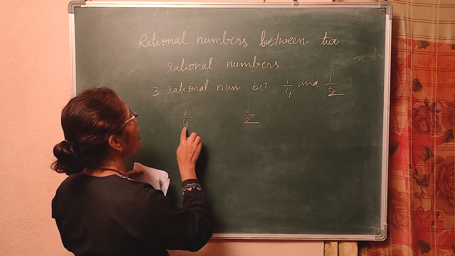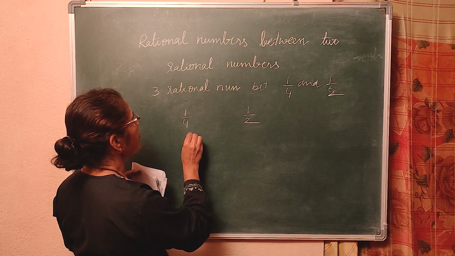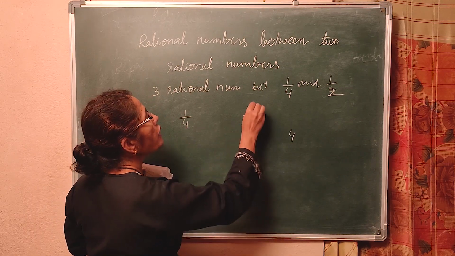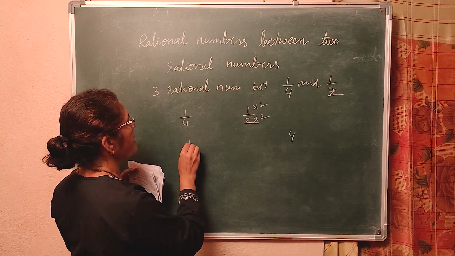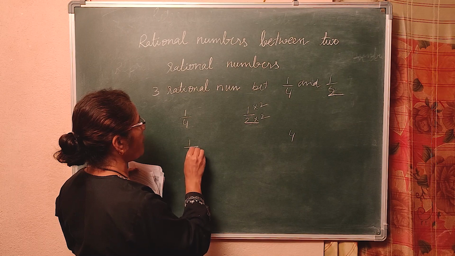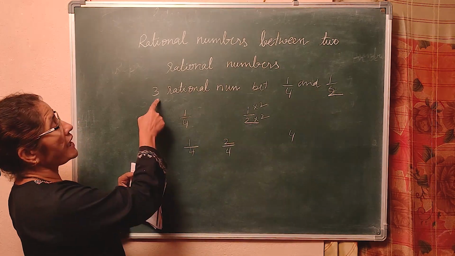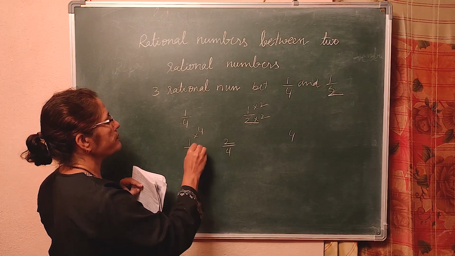So, you take the common denominator. What is this common denominator? 4. Right? So, in order to get 4, you have to multiply by 2 here. So, it is nothing but you have to find out the rational numbers between 1 by 4 and 2 by 4. You understand? How many rational numbers? 3. So, you multiply both by 4.